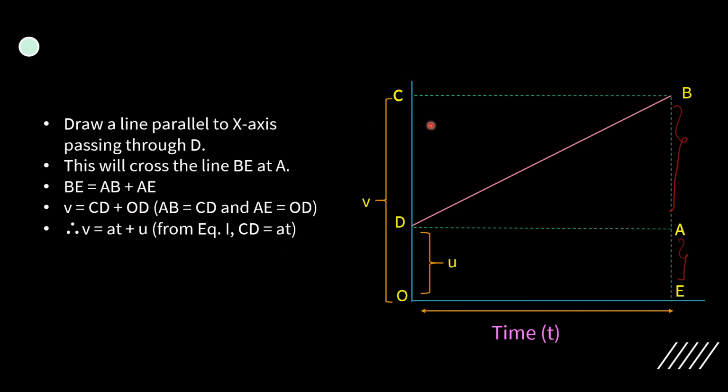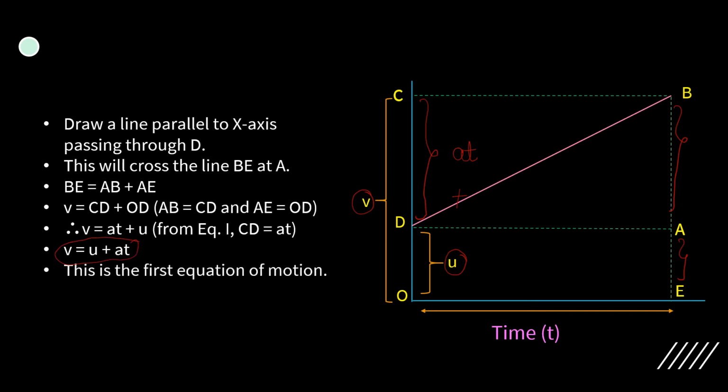OD we already know is equal to U. So V becomes AT plus U, or I can simply write V is equal to U plus AT.